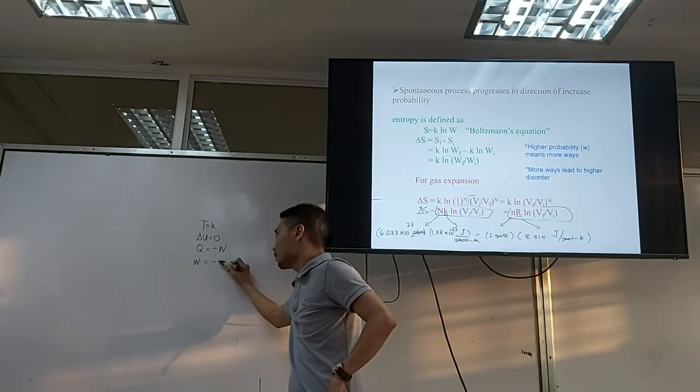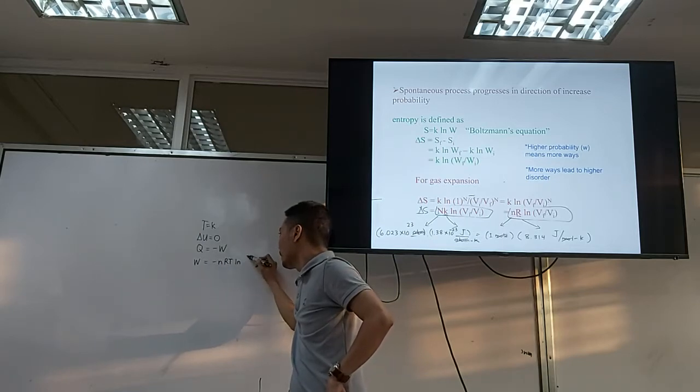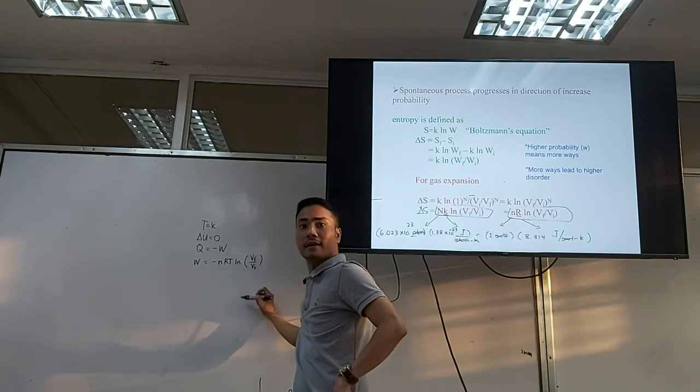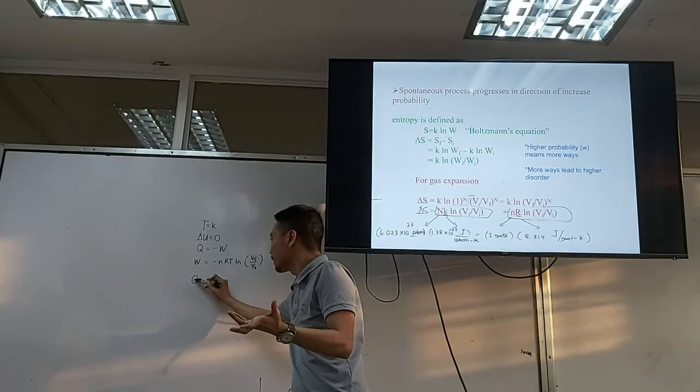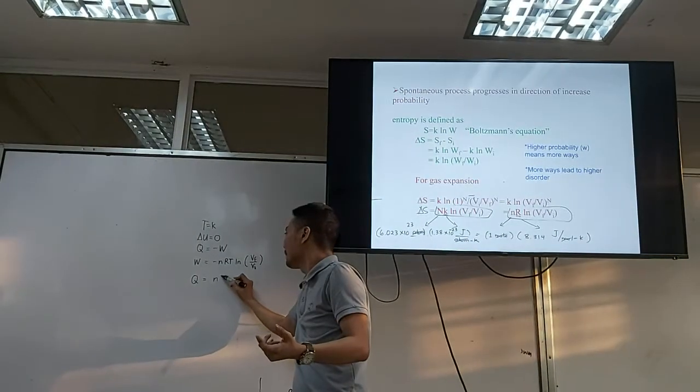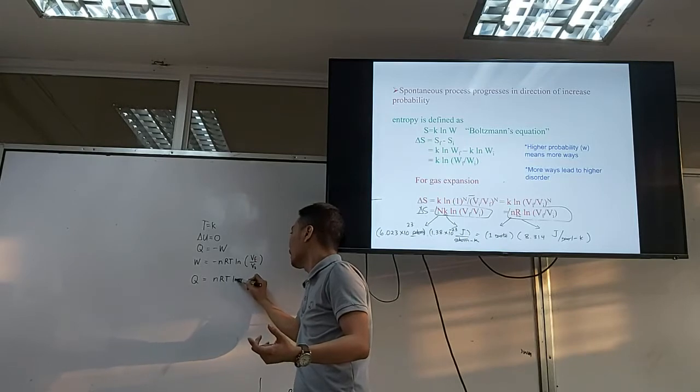Negative sa isothermal, nRT ln VF over VI. Naalala ba to? If that's the case, then Q is just equal to the positive of this. Diba? nRT ln VF over VI.